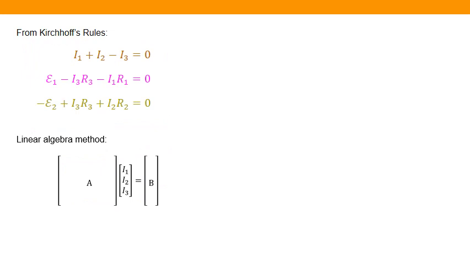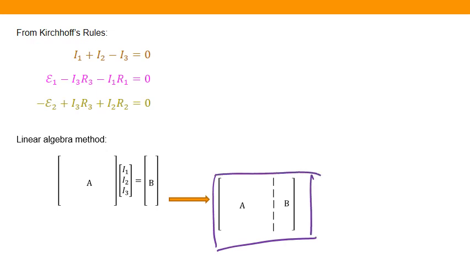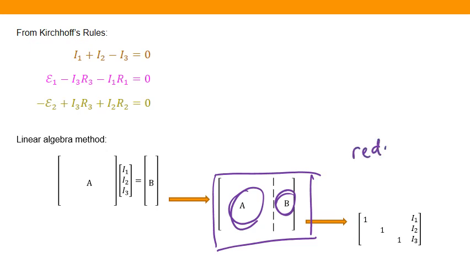The reason I want that is because I can take that form and turn it into a non-square matrix, where I combine the matrix A with my vector B. And from there, I can get this matrix into what is known as reduced row echelon form.